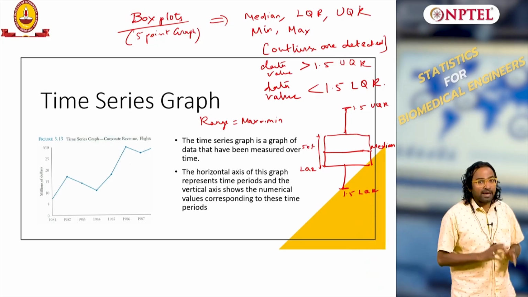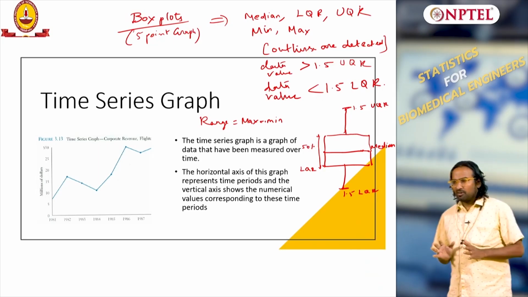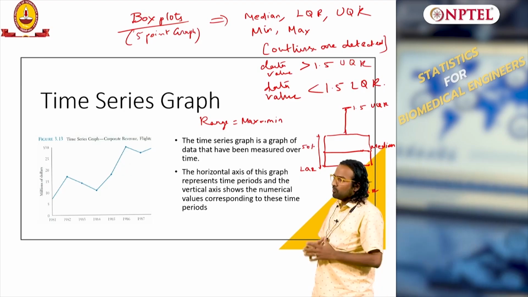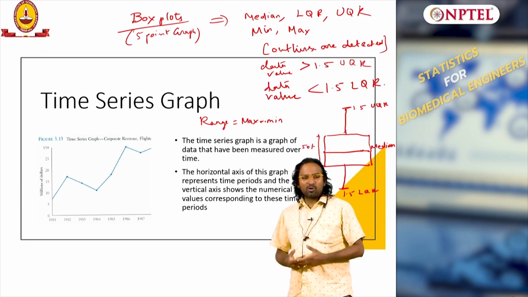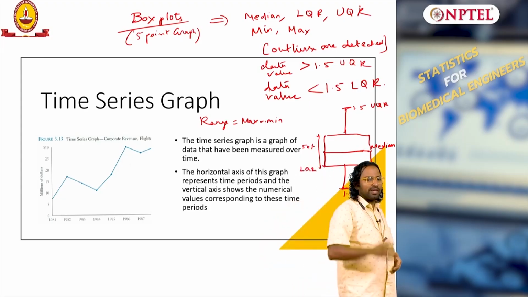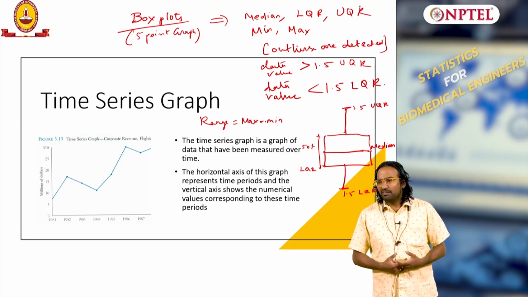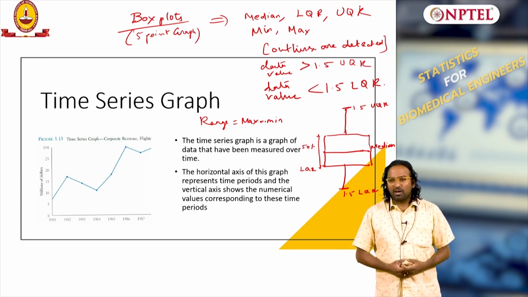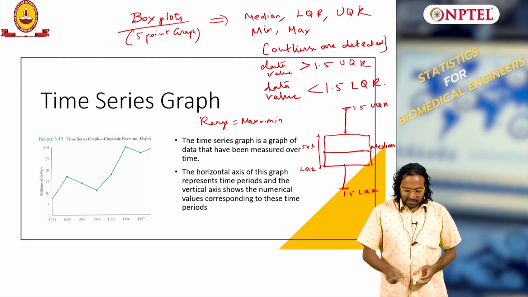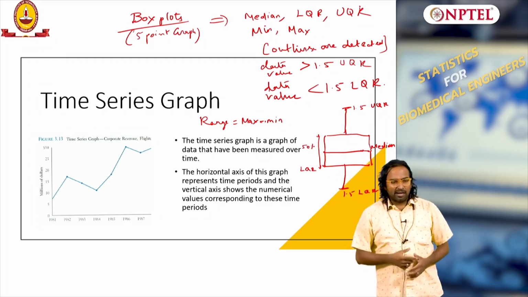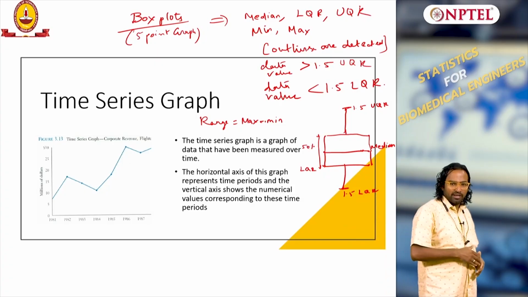It is not the min and max of the data. So what we call min and max is the 1.5 times the lower quartile range and 1.5 times the upper quartile range. Of course, if the data lies within that, then this tail or the line extending will come down, okay.